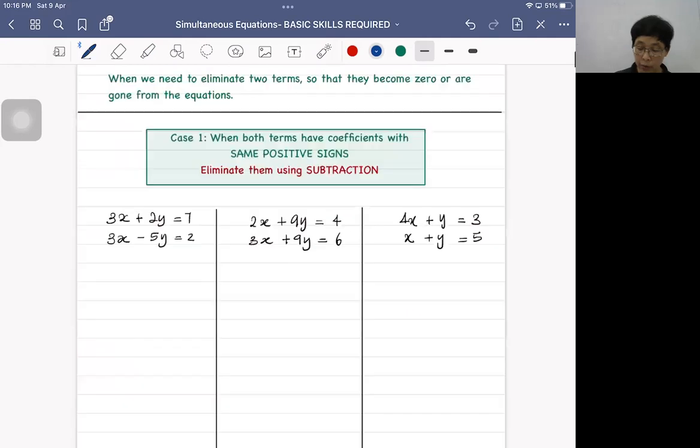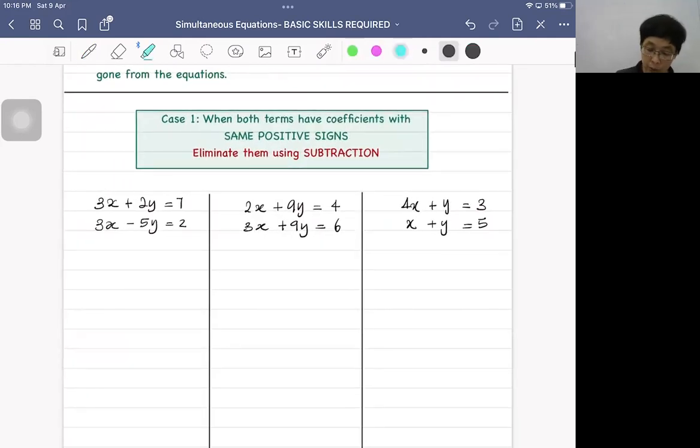Let's take a look. I put down here a few examples. So now let's take a look at this. So 3x and 3y. All right. And how about here? 9y and 9y. How about here? Do you notice that I've highlighted that? Here we go.